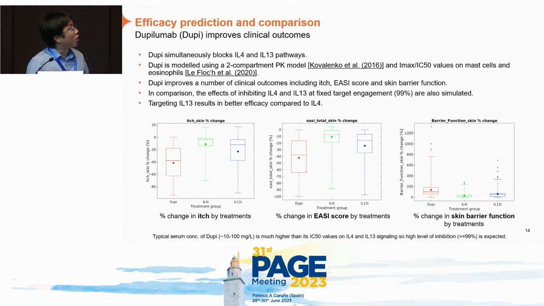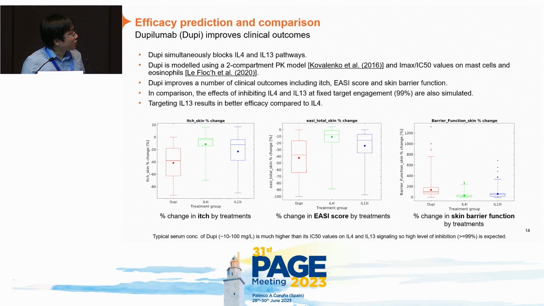And we got IMAX IC50 values again from published data. And we combined the PK/PD model with the QSP model to link the dosage all the way to clinical outcomes. So as you can see, the dupilumab significantly improved all these endpoints, and this is consistent with clinical data.